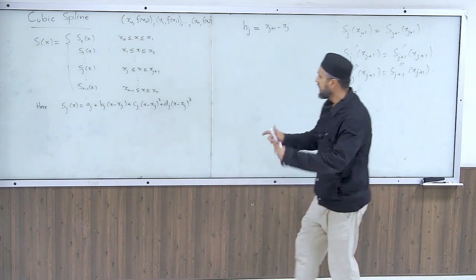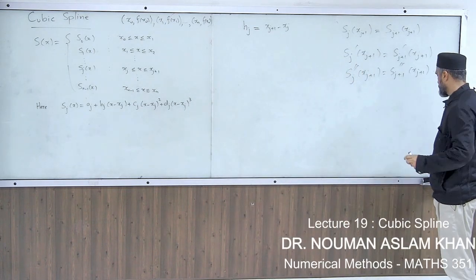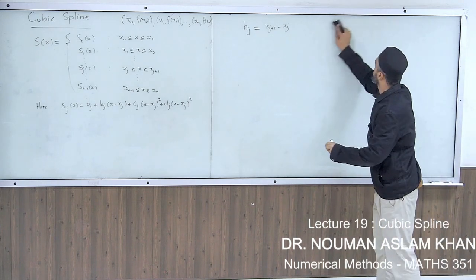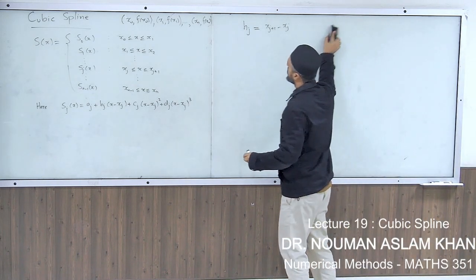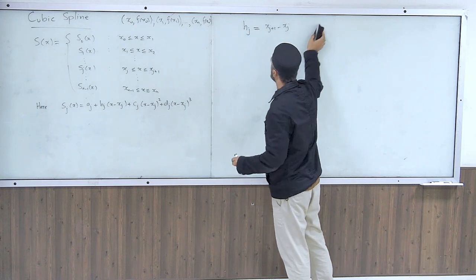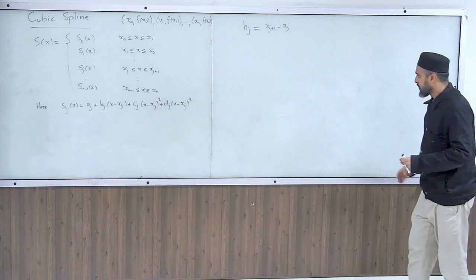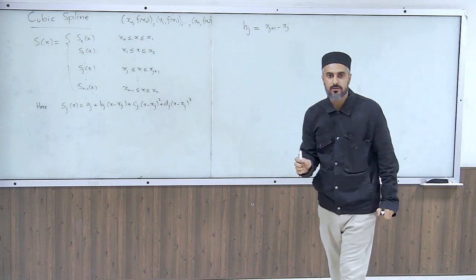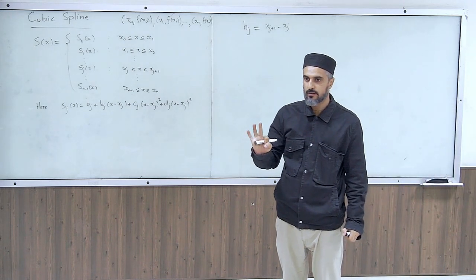Now coming to one of the conditions where we ended our last lecture. Hopefully you remember from the last lecture, in the cubic splines, the total unknowns are 4n.